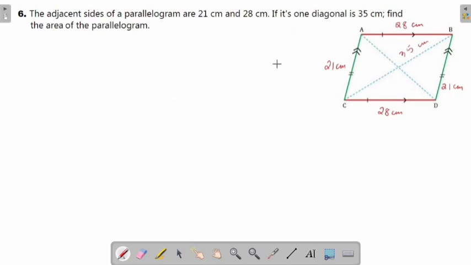First, in the diagram we have given the names, that is ABCD.